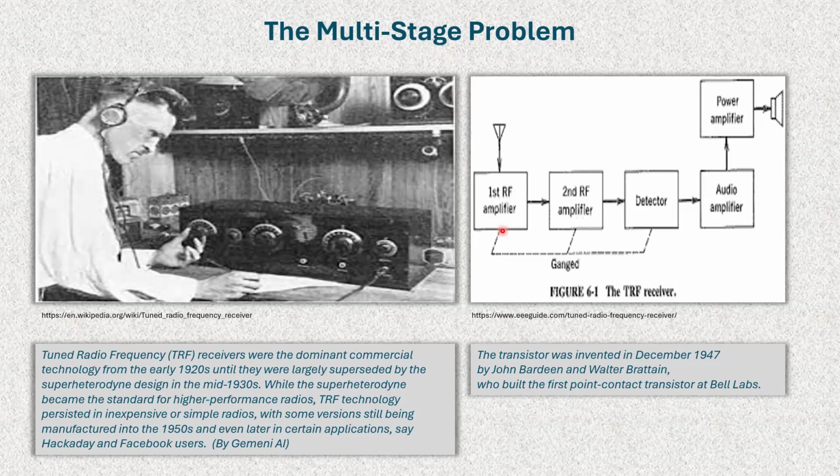All right, so here is the first stage, second stage, and so on. As soon as the signal hits the antenna, the modulated carrier is picked up. The first RF amplifier, radio frequency amplifier, would have to have some selectivity in order to actually lock on to that carrier that is present among all the other carriers within the air.